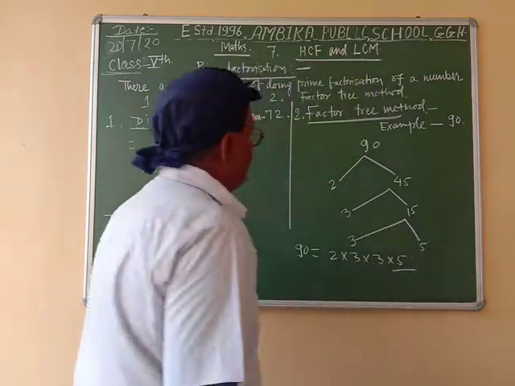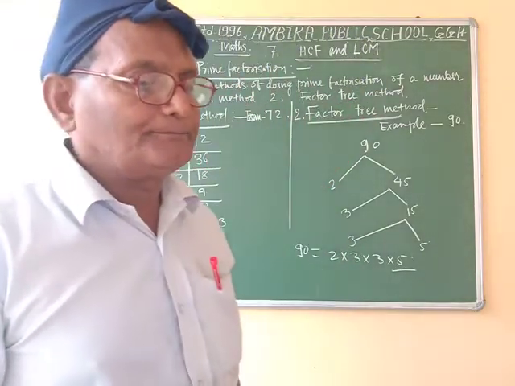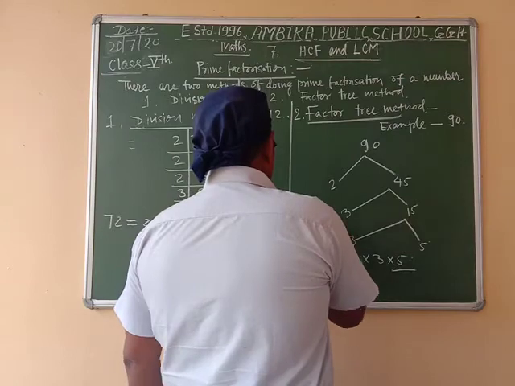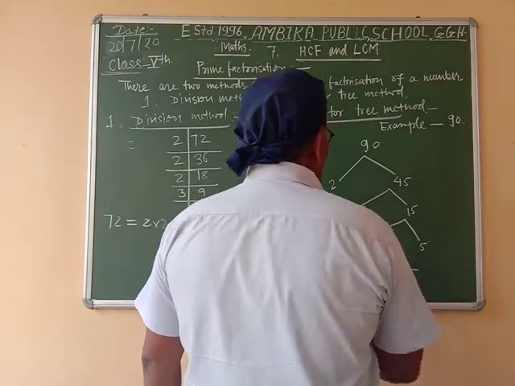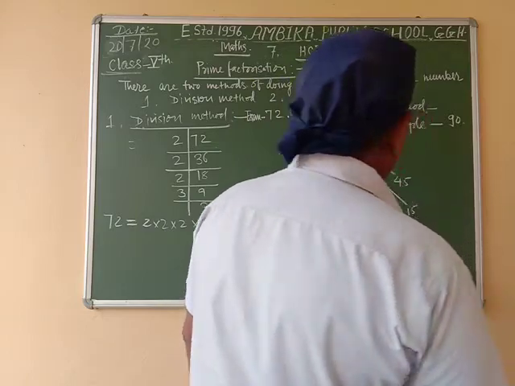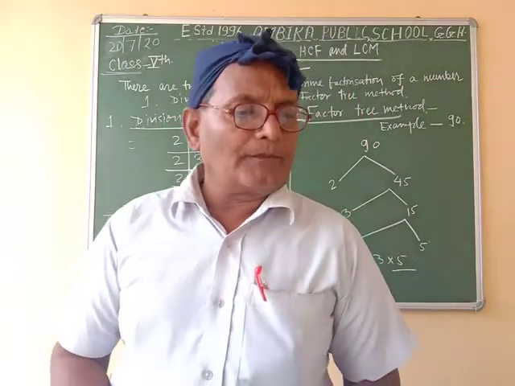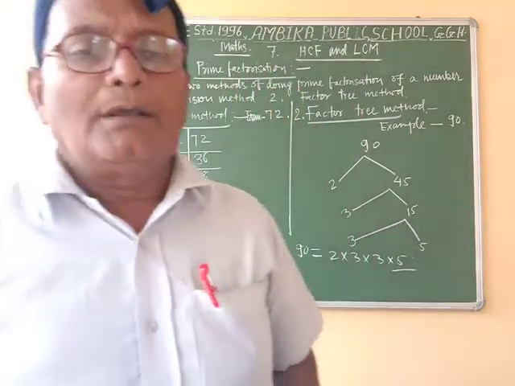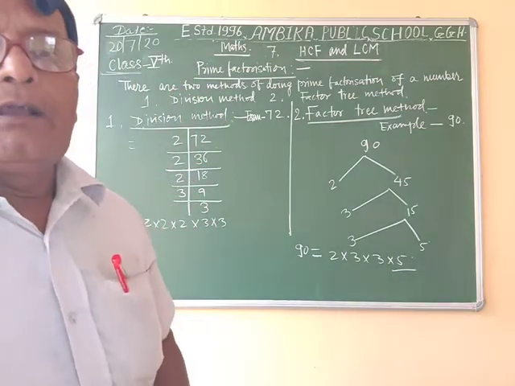So by factor tree method, we can find the given number as a product of prime factors. Similarly, you can solve the next numbers, 8 and 12, by factor tree method.